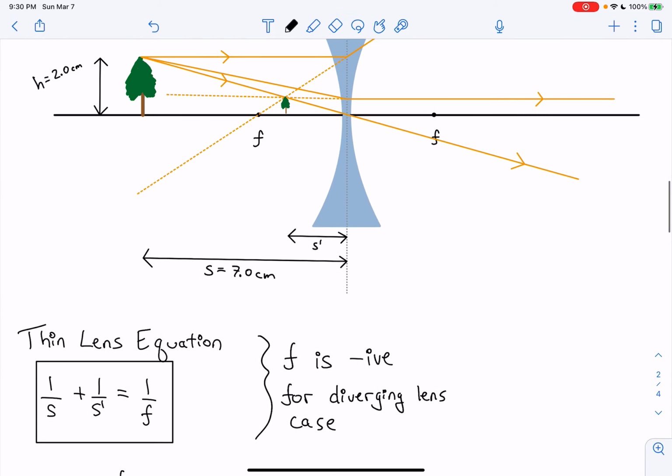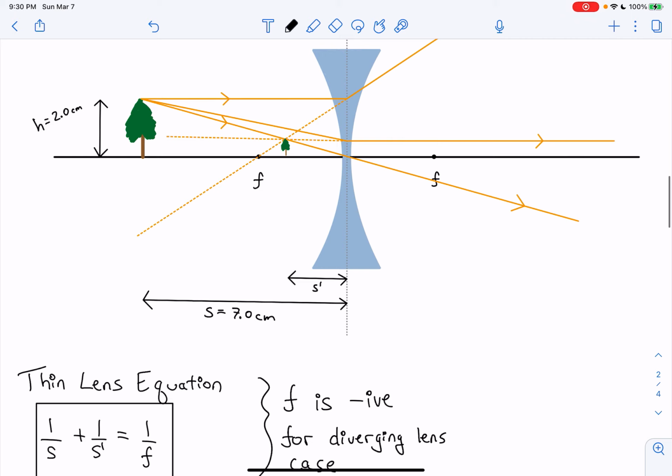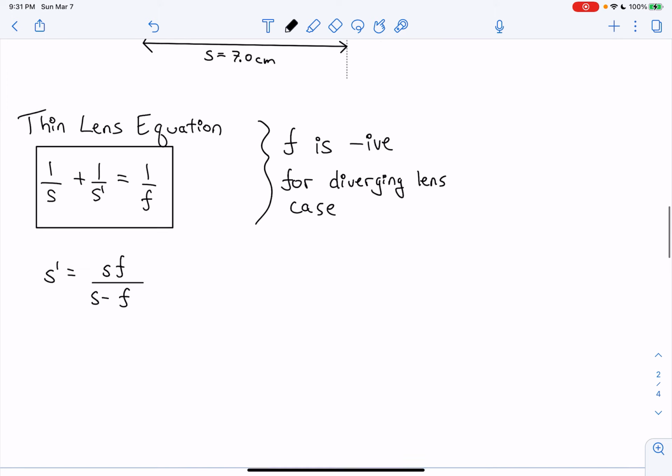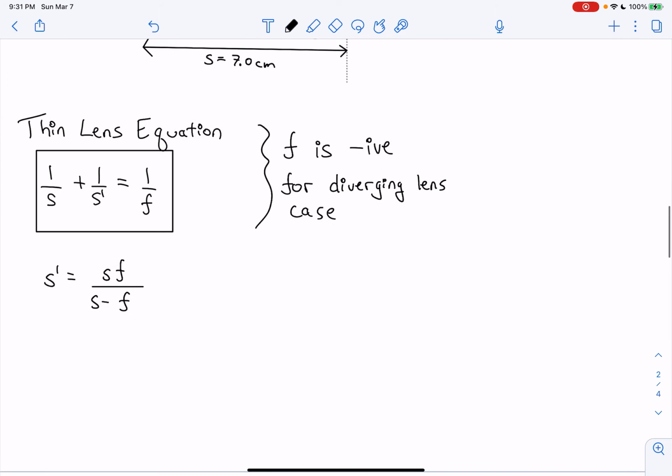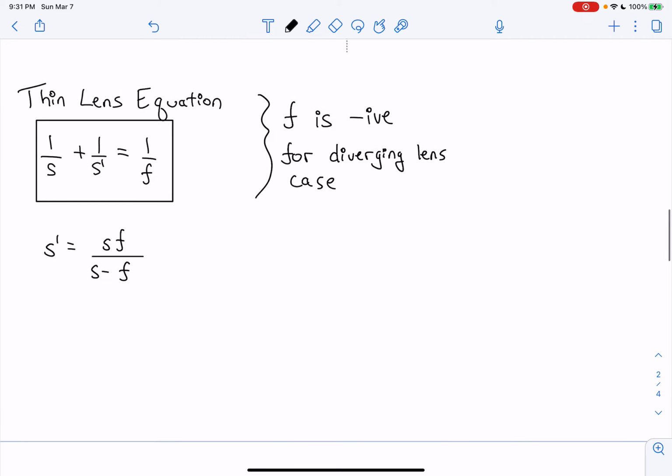And really, overall it's a matter of convention, but it's necessary for this to be applied to the diverging case, where we've got the formation of an image on the same side as the object. Okay, so we know our values, so let's plug them in and get a value for our s primed.